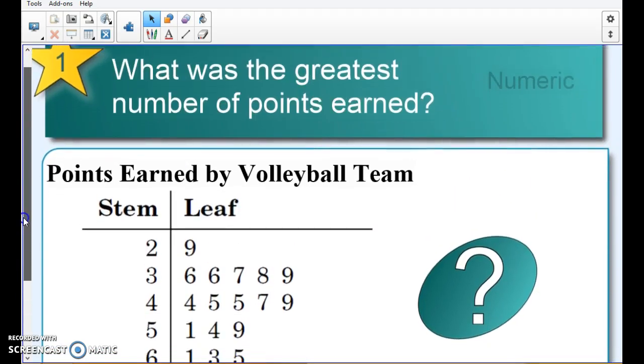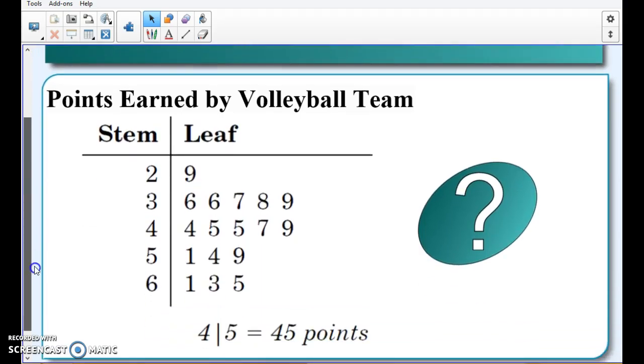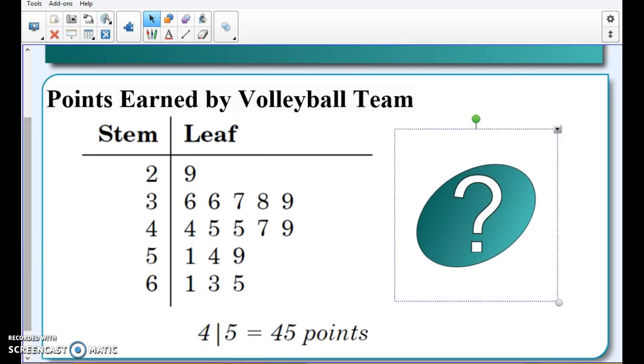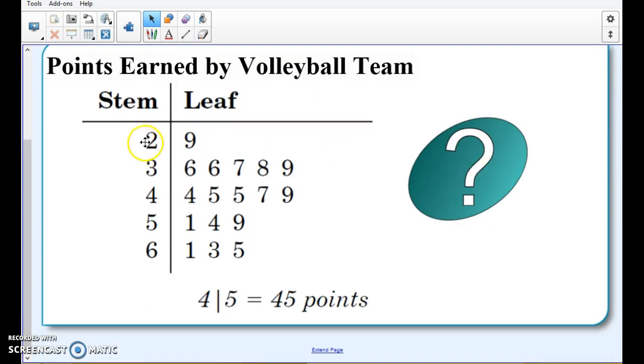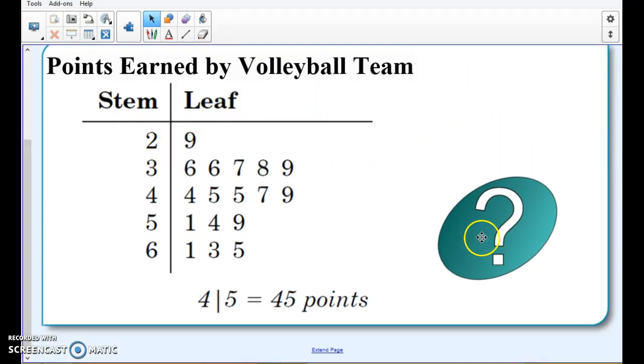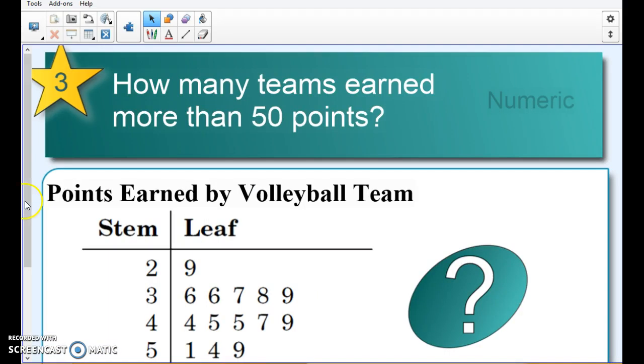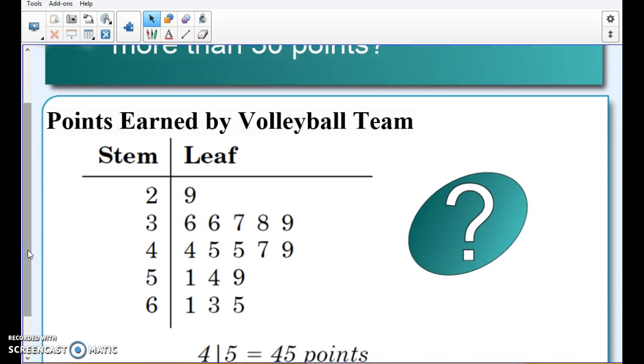Okay, here's another one. What was the greatest number of points earned by a volleyball team? Here's our 6, here's our 5. That would make 65. Apparently it's not there. What was the least number of points earned? A 2 and a 9 make 29. That one's not there either. How many teams earned more than 50 points? We have a 51, a 54, a 59, a 61, a 63, a 65.